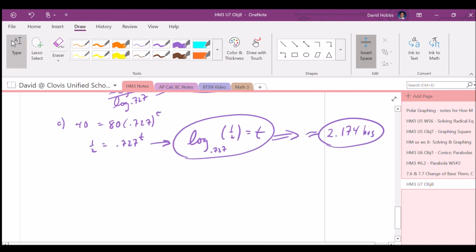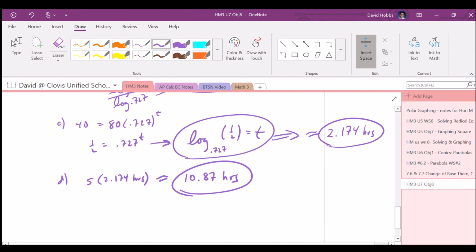Okay, so part D, all you got to do is just multiply by 5, 2.174 hours. So 5 times 2.174, and I got approximately 10.87 hours.